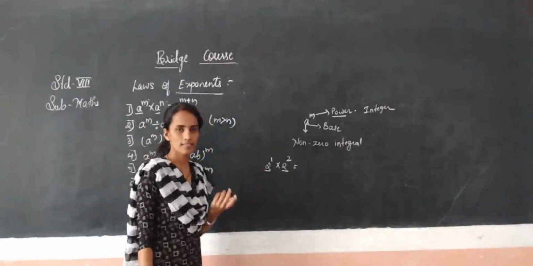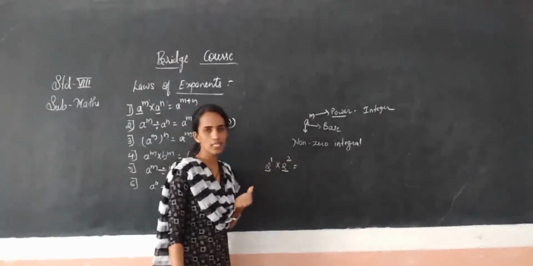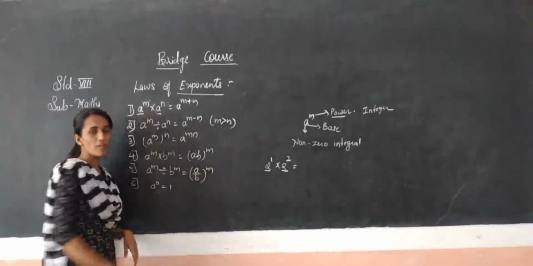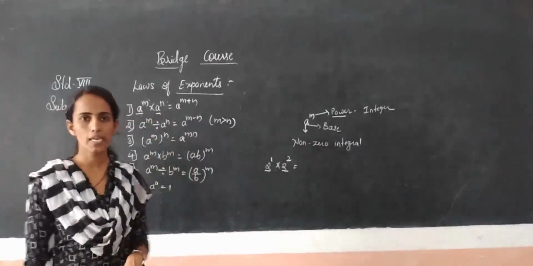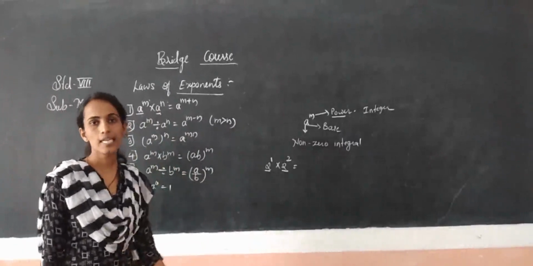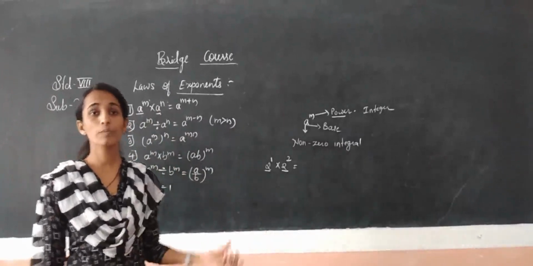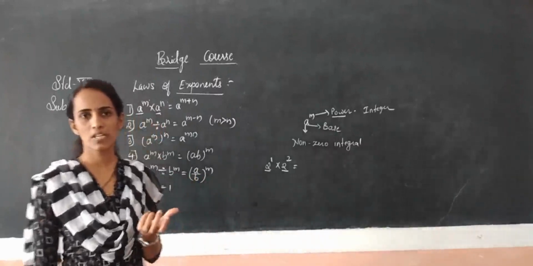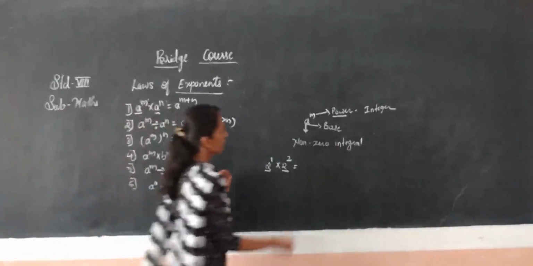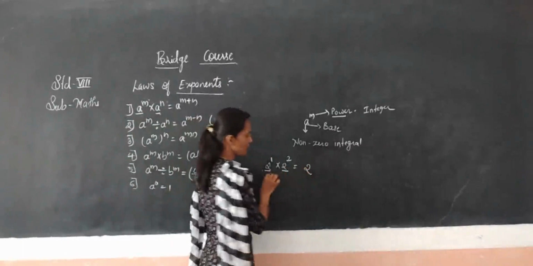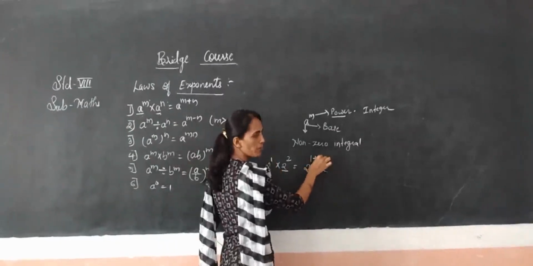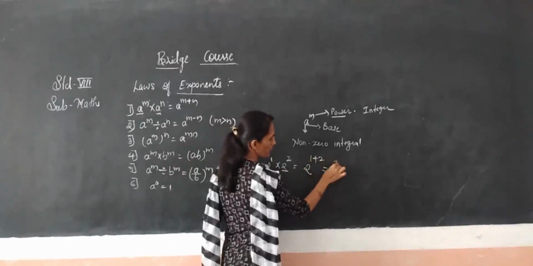The bases are the same, but the exponents, the powers, are different here. So if it is in the form of a to the power m and a to the power n, we can write it as a to the power m plus n. If the bases are the same and the powers are different, we can add the powers. Write the base as it is and add the powers. So 1 plus 2 will become 2 to the power 3.